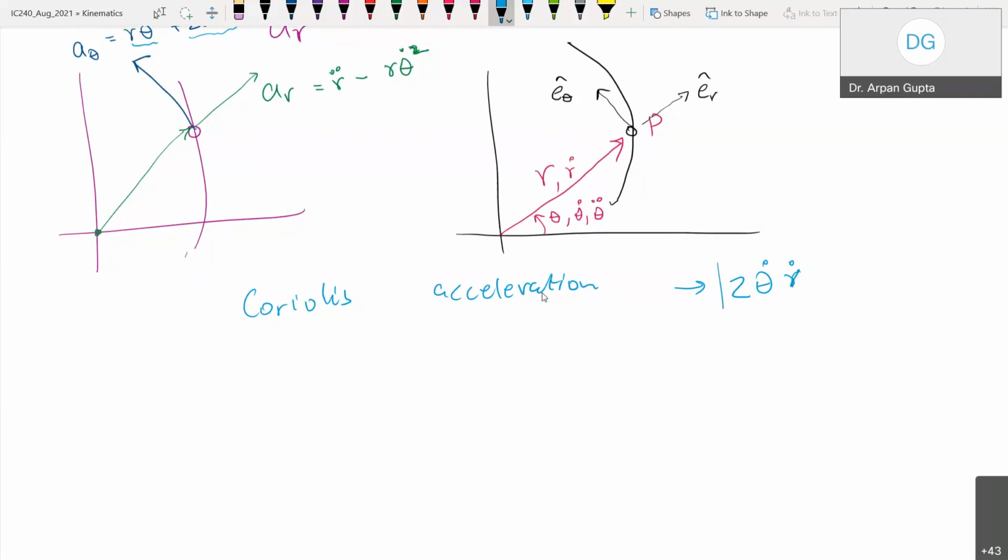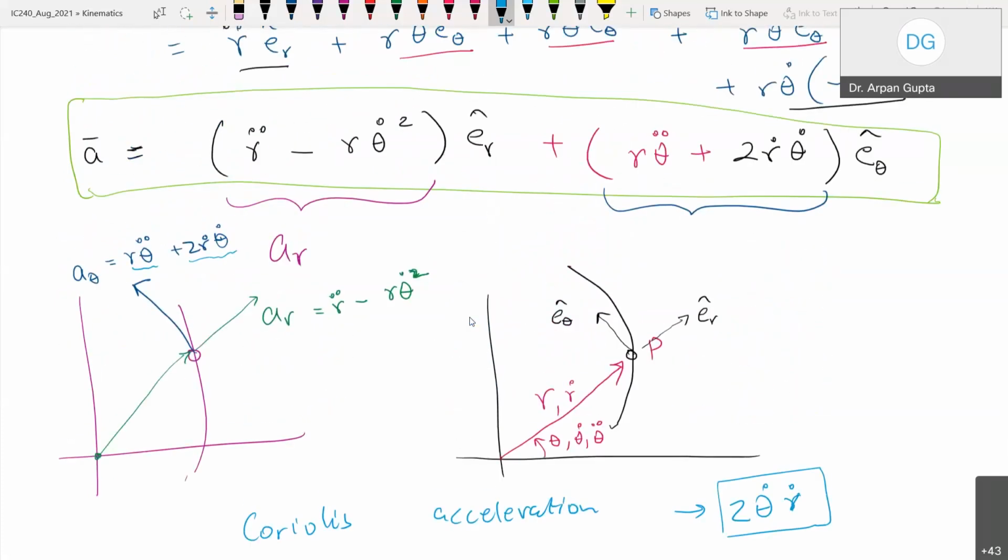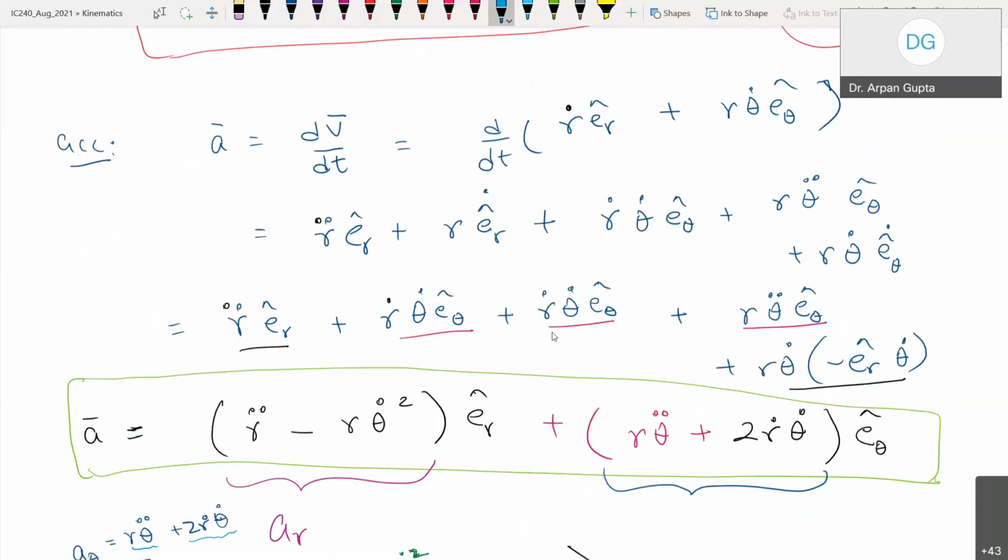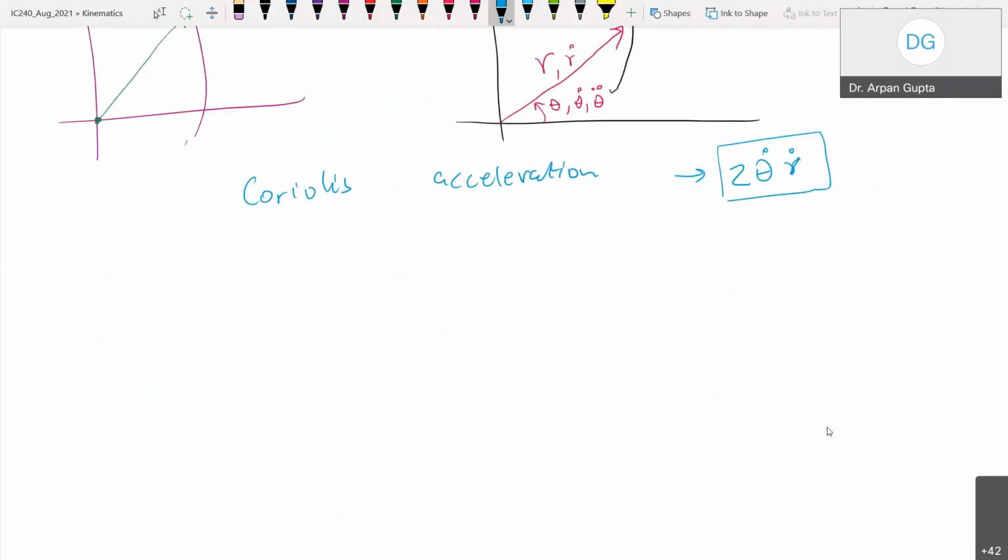So this is a component of acceleration which is not so easy to perceive, and in fact you can see that this is coming due to two things. One component is coming from here, another component is coming from here, and these two lead to a new type of acceleration called Coriolis acceleration. And in fact, vectorially, this is given by 2 times omega vector cross v vector, right?